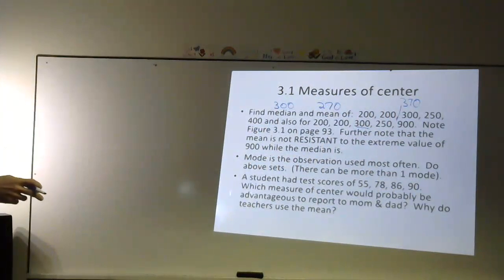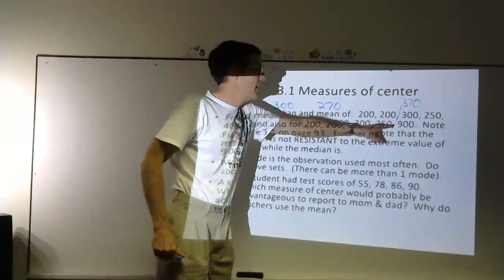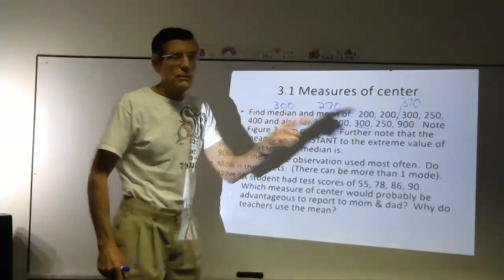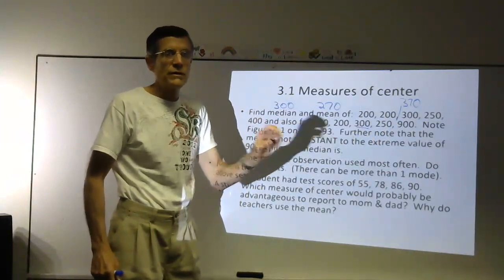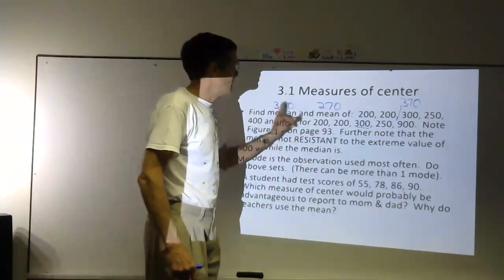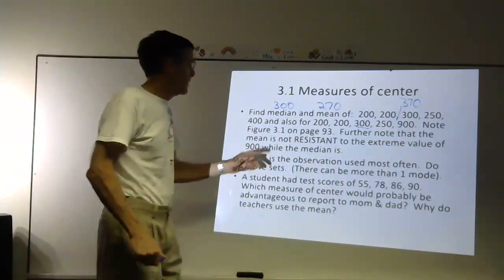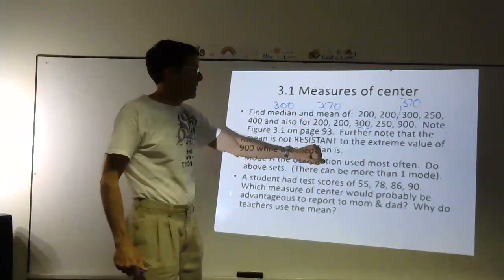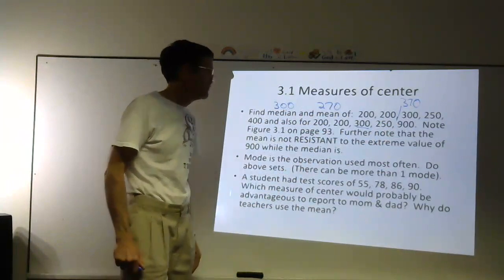What happens is if you put an extreme value in, like a bigger value in the data, it moves the mean. The mean goes toward that bigger value, but the median stays the same. A fancy way of saying that is the mean is not resistant to the extreme value of 900 while the median is.